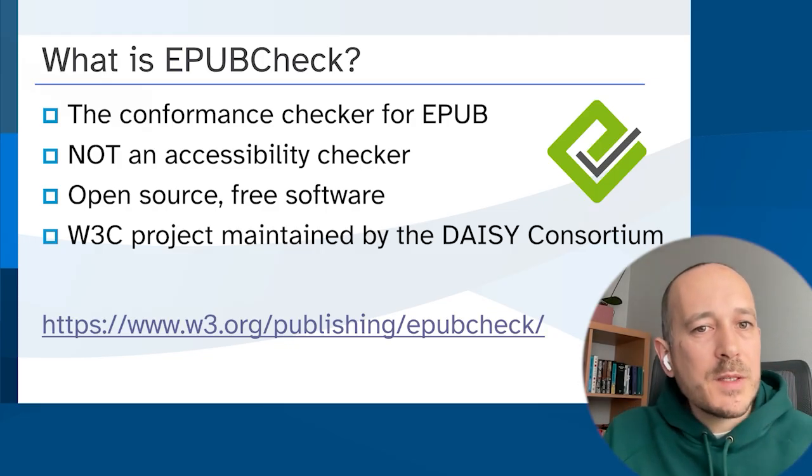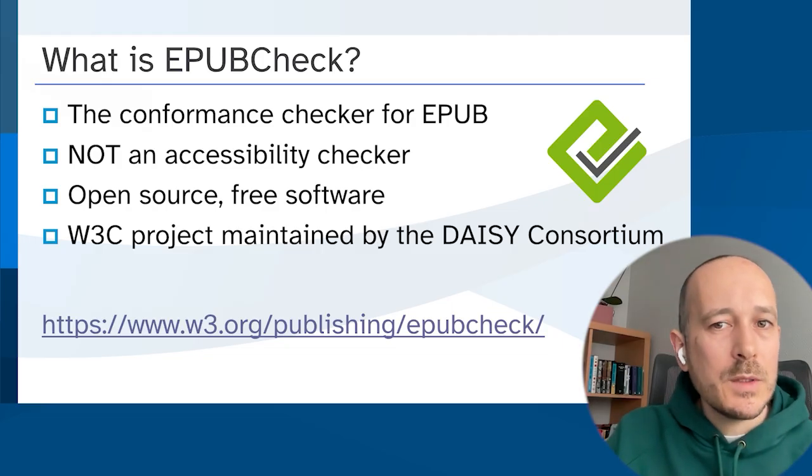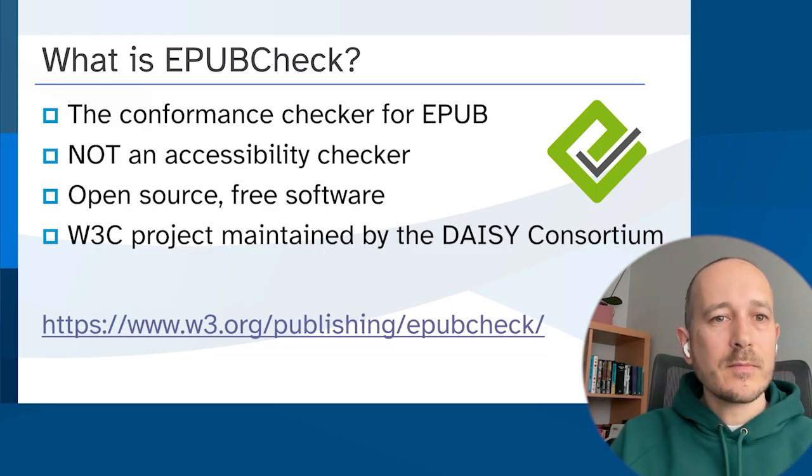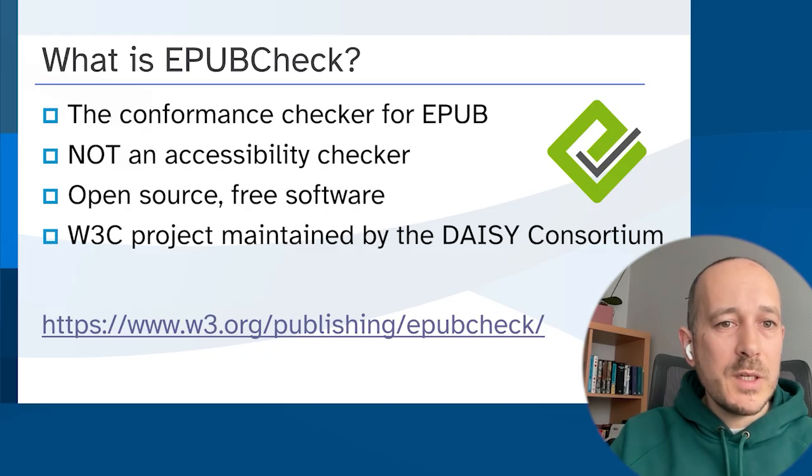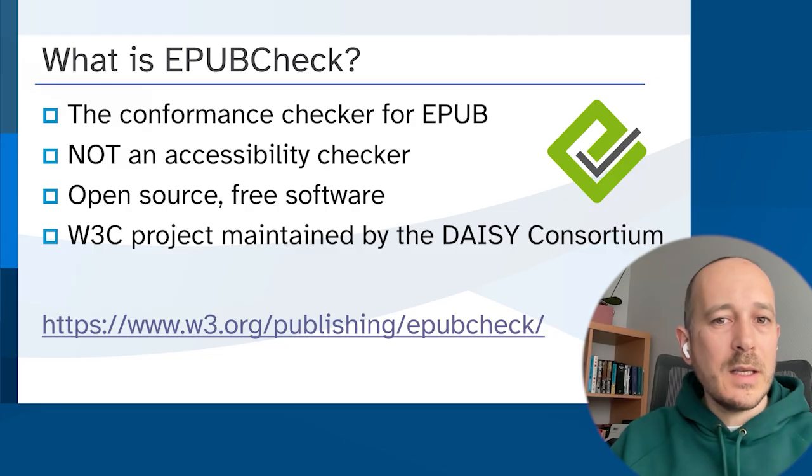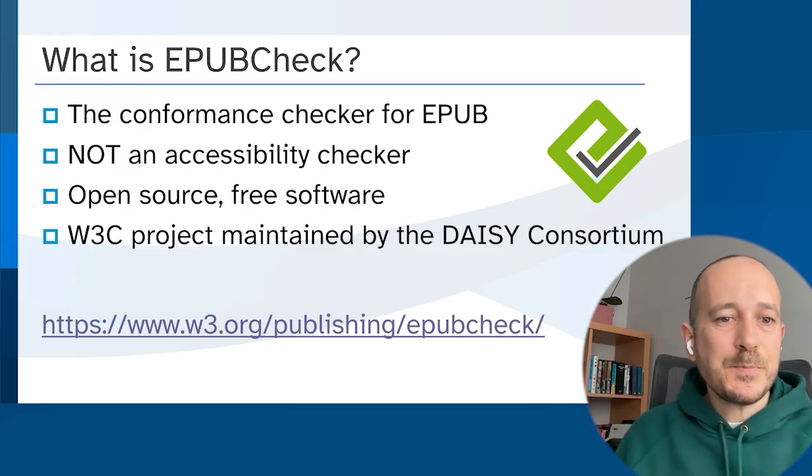EPUB Check is cross-platform and can be run on Windows, macOS, and Linux. In this presentation, we're going to use EPUB Check as a command line tool, which is readily available in the official downloadable package. But be reassured, if you prefer, EPUB Check is also usable with graphical user interfaces or integrated in various editors or production tools.